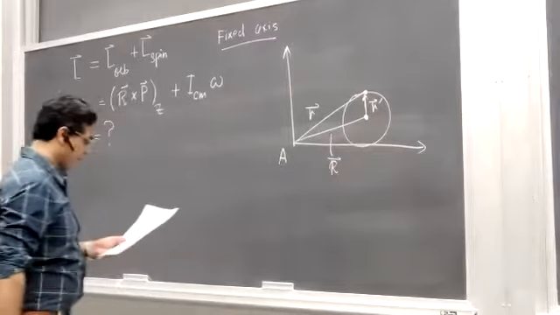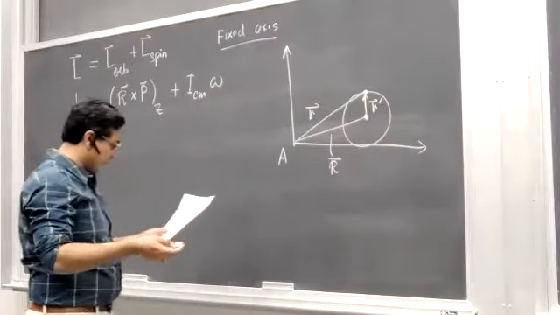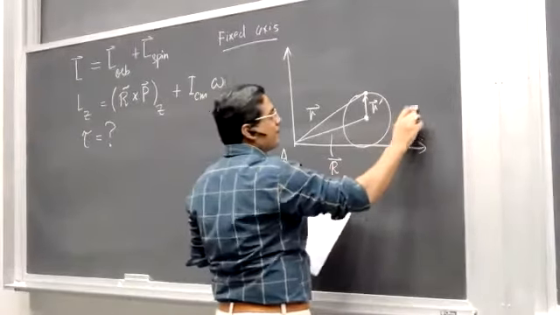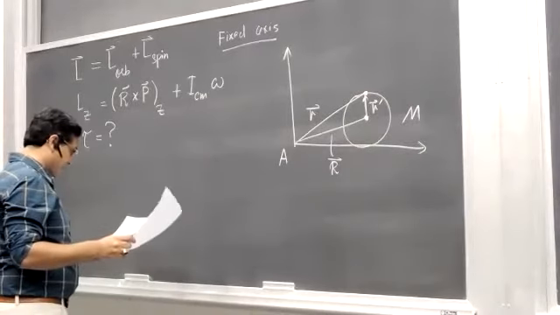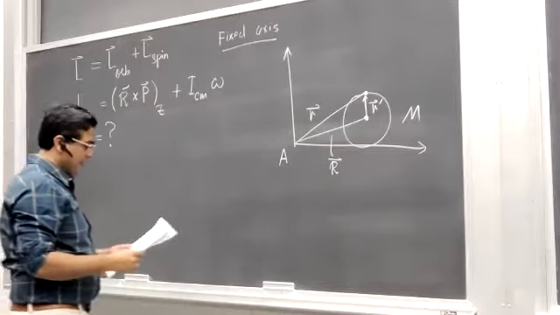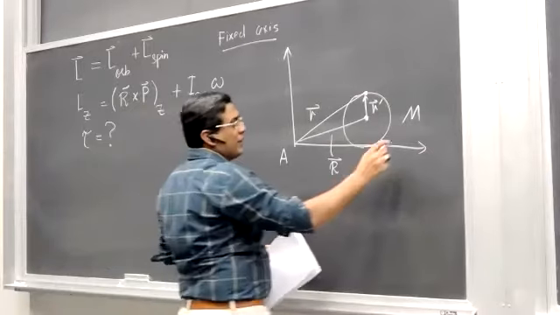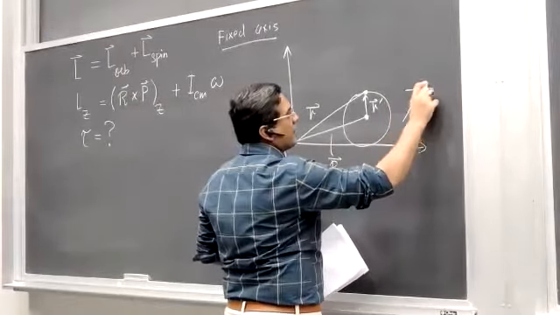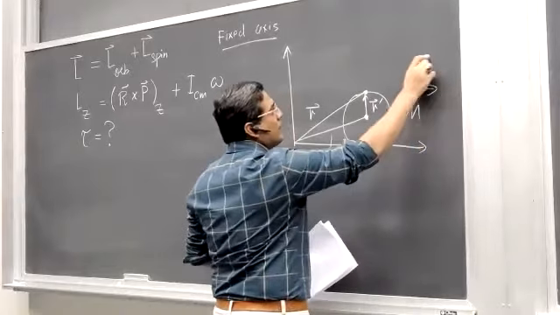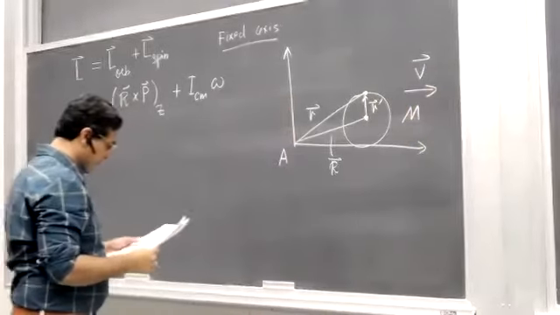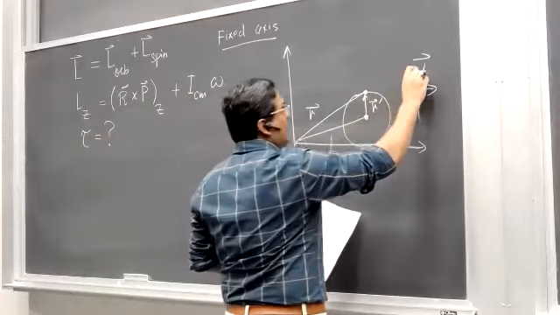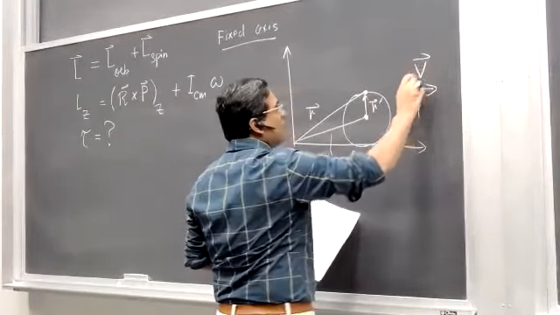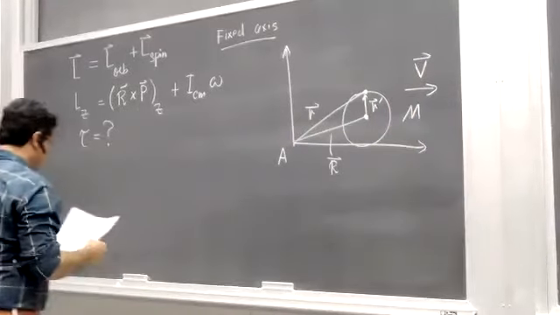The disk has mass, and let's say that the disk is moving with a velocity V in this direction. V means the velocity of the center of mass, right?